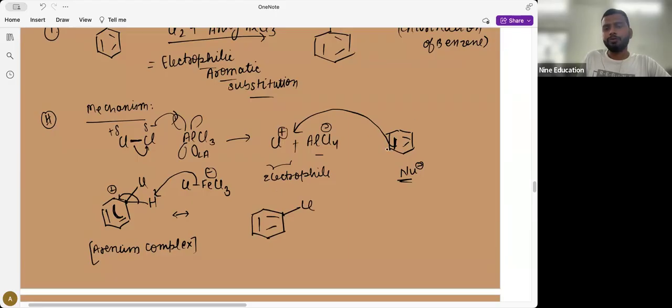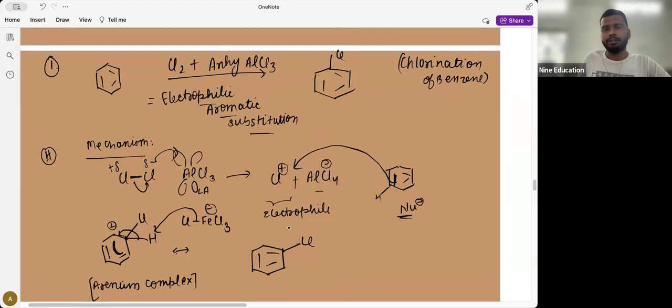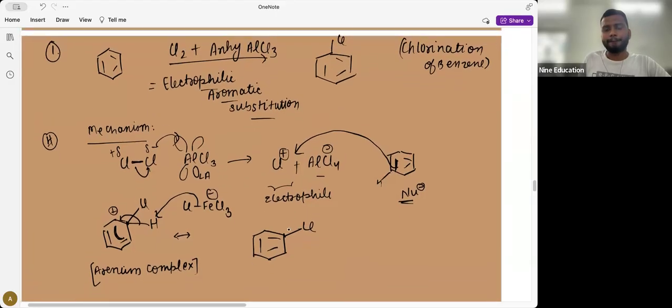So the C-H bond from here was broken and the C-Cl bond was made on benzene, right? This is known as an electrophilic substitution reaction on benzene. I used to call it EAS, electrophilic aromatic substitution reaction.